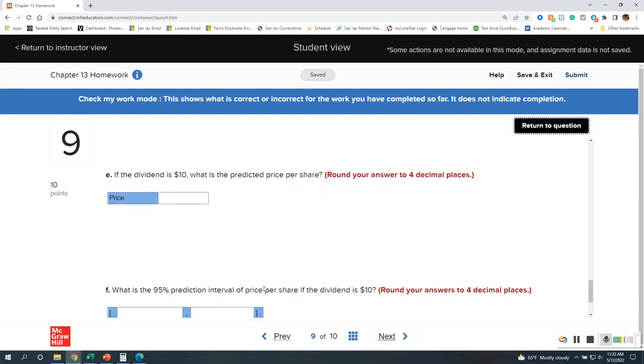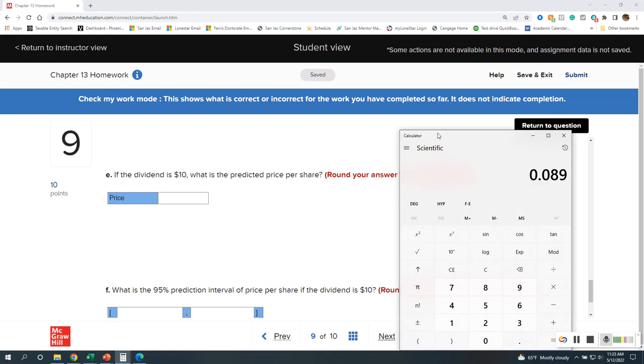Alright, if the dividend is $10, what is the predicted price per share? Now this one may also be our second error, because again, our y is messed up. If your y is correct, it should actually work out.